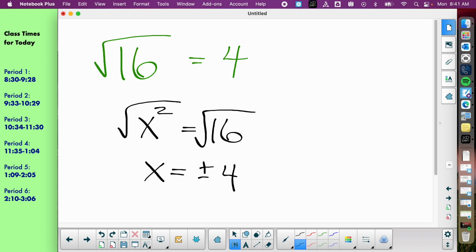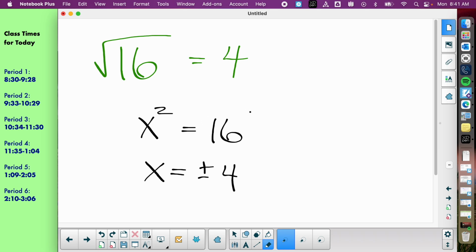So if I go back to the original problem that didn't have the square root symbol, everybody in their head automatically knows 4 squared is 16. But negative 4, if you squared it, is also 16.